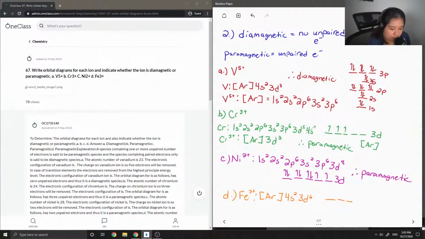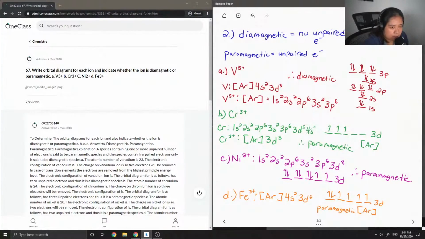I'm also just going to write out the 3d and fill out the 6. So you can see that there are a lot of unpaired electrons. So this is also paramagnetic.